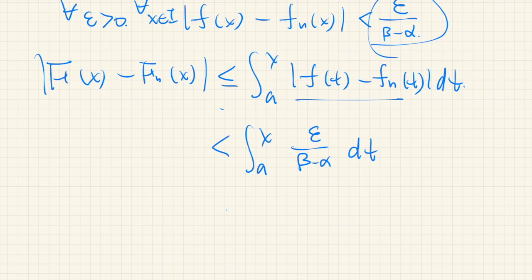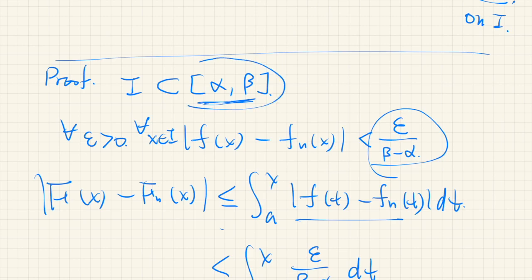which is actually equal to epsilon times x minus a over beta minus alpha. And beta minus alpha is greater than x minus a, right?